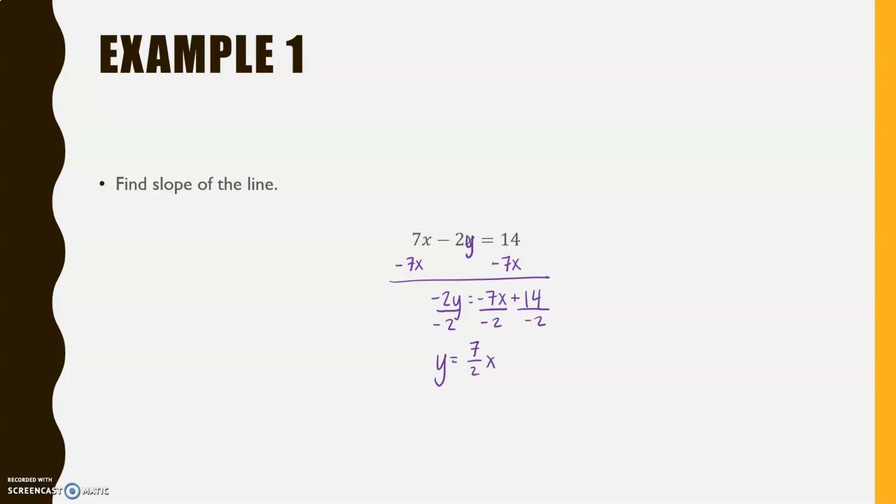Two negatives make this become positive, and then this would be minus 7. So that's the equation of the line, but what it's asking me for is the slope. Do you remember which number represents slope? It's this one. This is our slope. It's the number that is being multiplied by x. So we would say that our slope is 7/2.